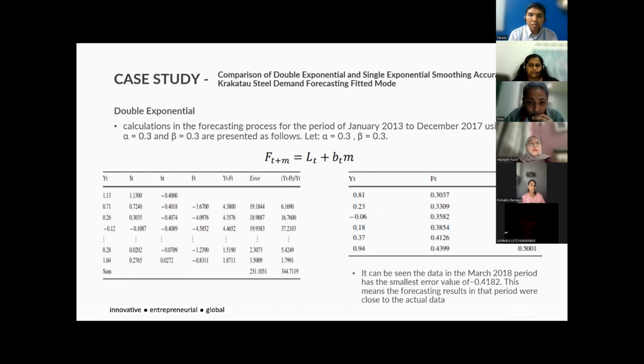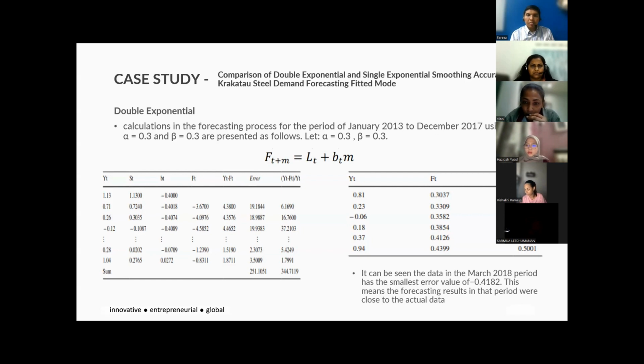On this slide, we use the formula ft plus m equals lt plus b tm. So we need to come up with a table which includes the standard deviation, bt value, ft value, YT minus FT value, and then we need to calculate the percentage error by dividing YT minus FT by YT.